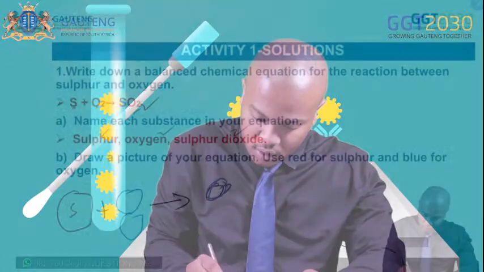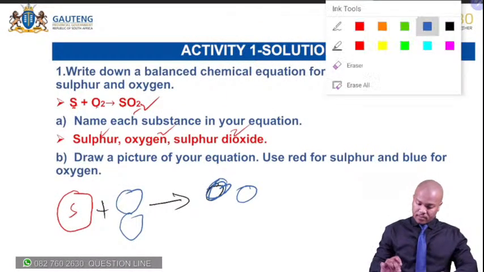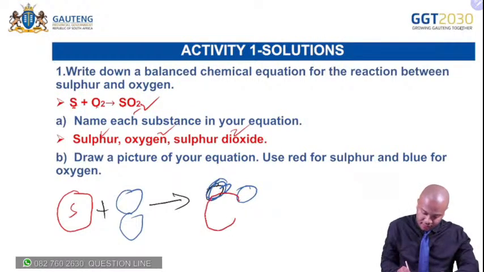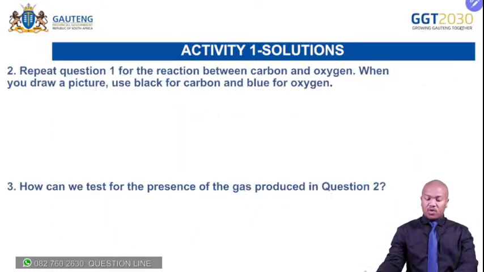Right. We have two oxygens, 1, 2, with one sulfur, right? With one sulfur. Are we together? Now let's move on. Give yourself a correct. Let's move on to number 2.